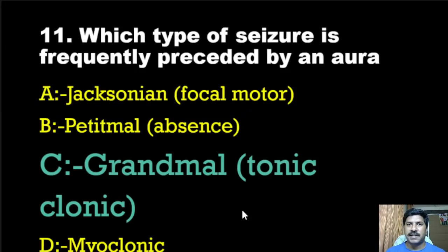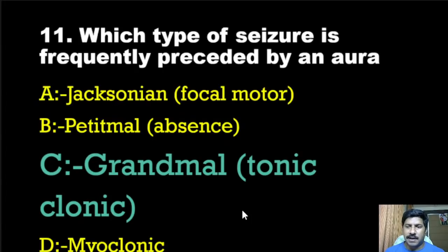At that time the patient may scream, or may feel some peculiar taste, or may get some special smells. These are some types of aura. In that case, the patient will understand that the seizure is coming. That is known as aura, the indication before the seizure.